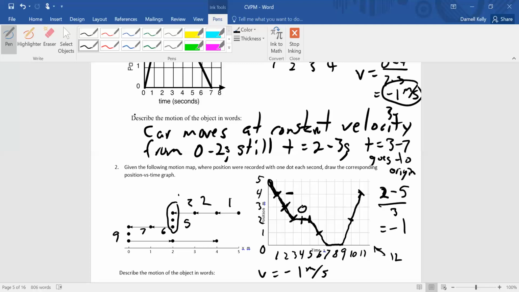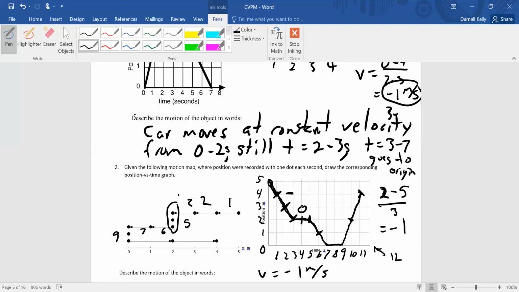That you were staying in the same spot. That's right. You're staying still. You are at rest. Mr. Kelly, would it be the same from 3 to 4 instead of 3 to 5? Yeah, it'd be the same slope for both seconds. Okay, thank you.